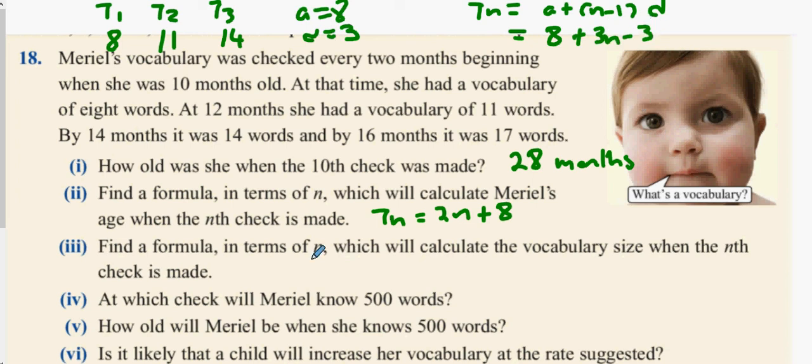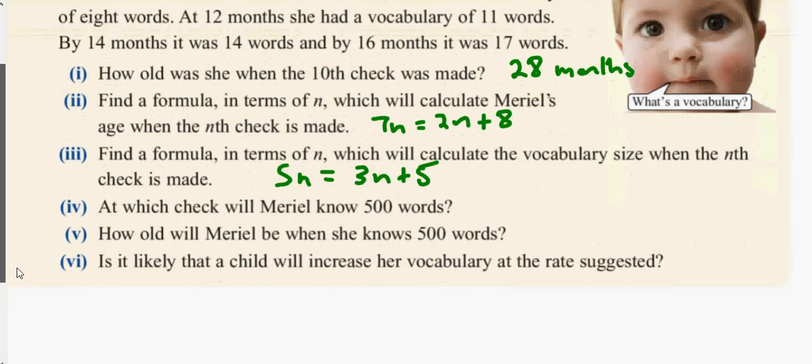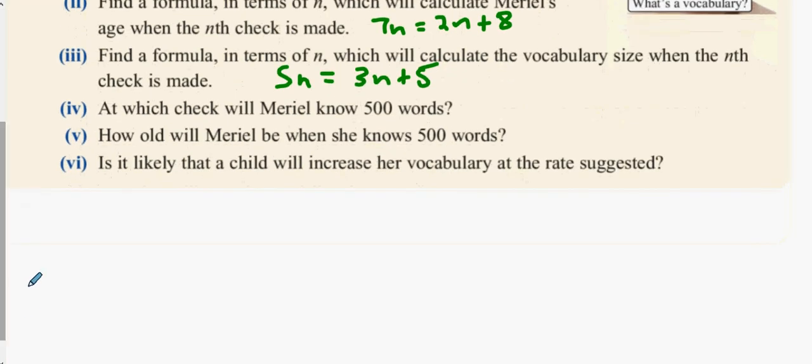For argument's sake, we'll just call it Sn or Vn, whatever you want, just so they're different formulas. And what do we get? 3n plus 5? Yeah. Okay. Cool.